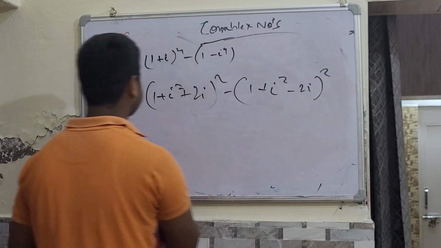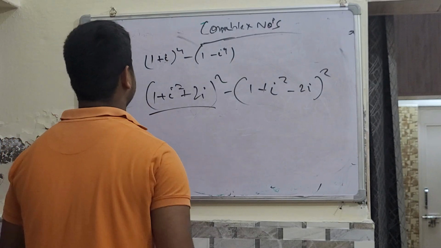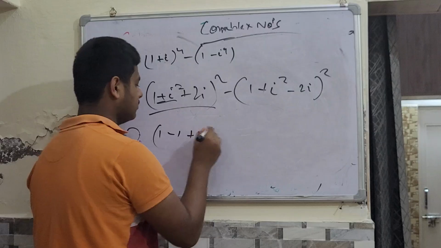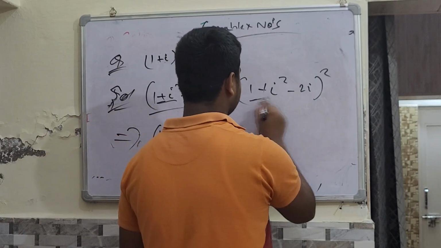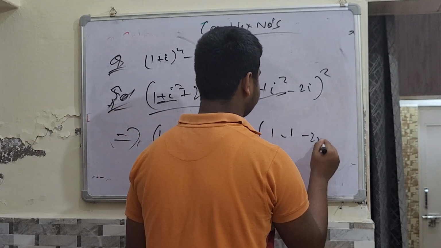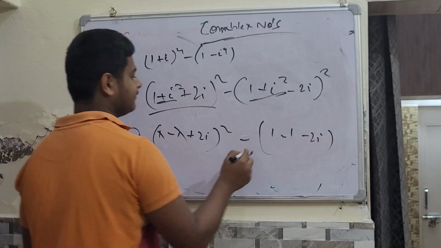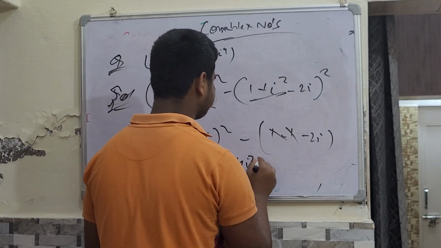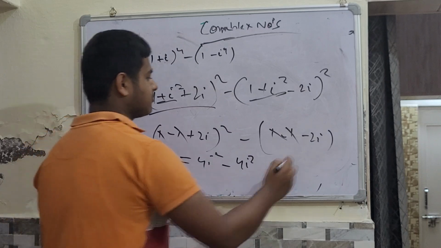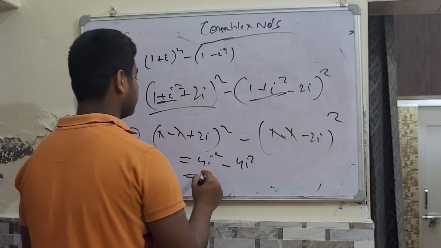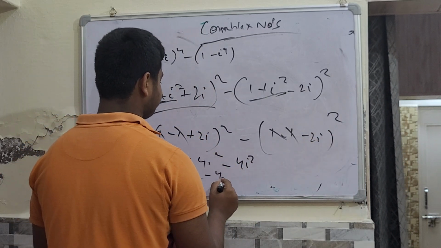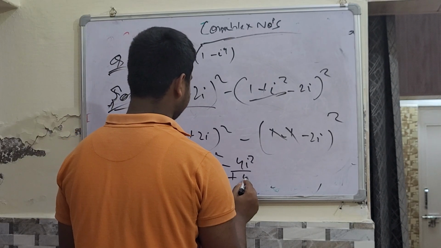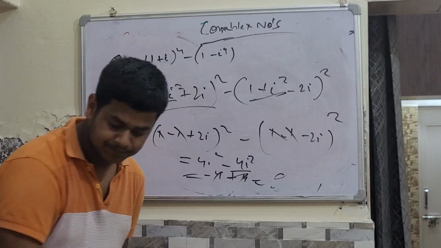So it's 1 plus 2i whole square minus 1 minus 2i whole square. Then it cancels, 4i square minus 4i square, minus 4, it's plus 4. The answer is going to be 0.